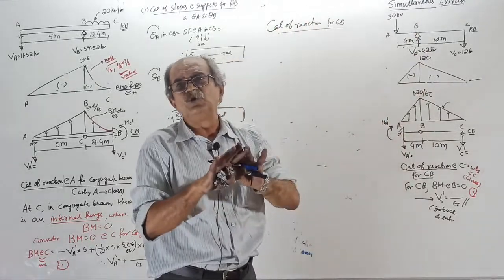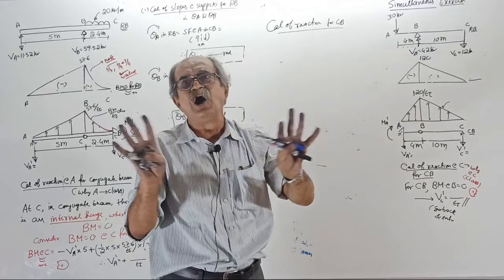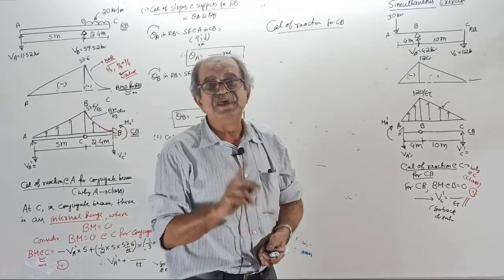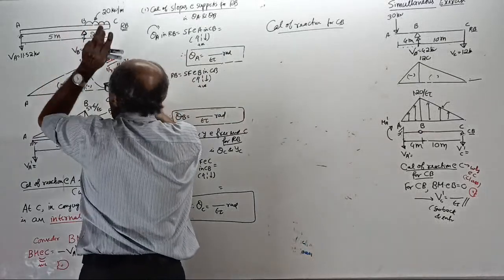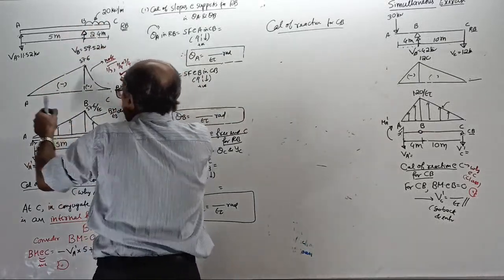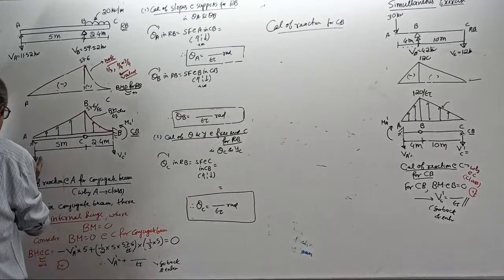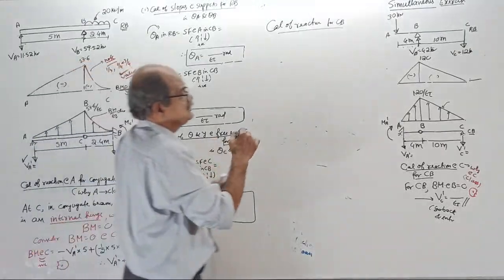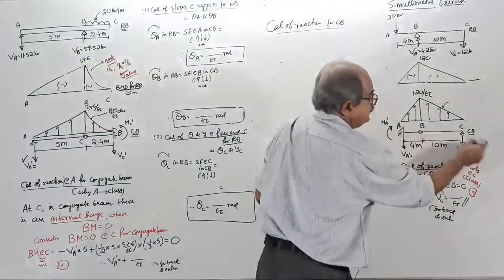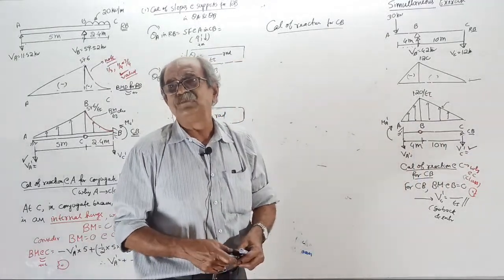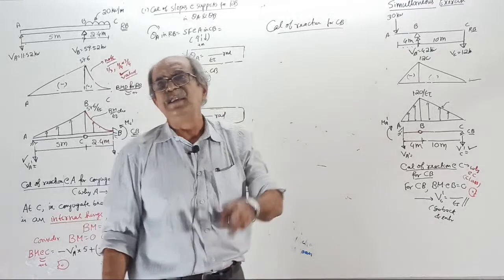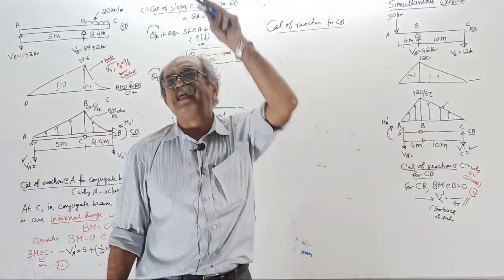You don't have to waste time finding all of them. In this beam, you find the value of VA dash, and in this question, you find the value of VC dash. When you find reactions for the conjugate beam, you find the reaction only at the simple support.